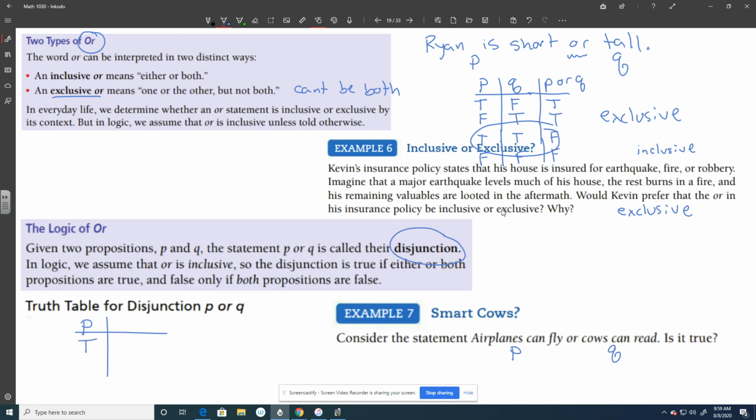Yes, that is true. But Q, cows can read, that is false. So if I ask P or Q, is one of those true? Yes, this one is true. So the entire statement is true. Okay, it didn't say that it was inclusive or exclusive, so we can assume that it's true.